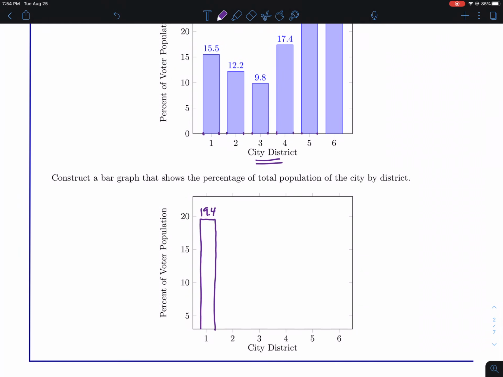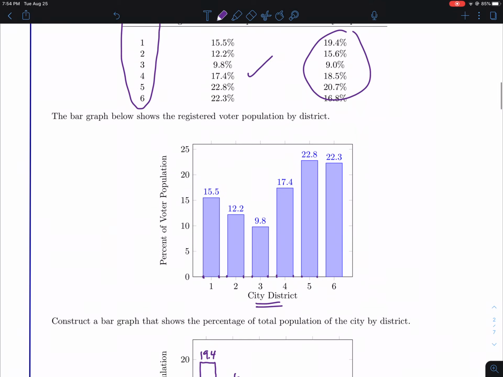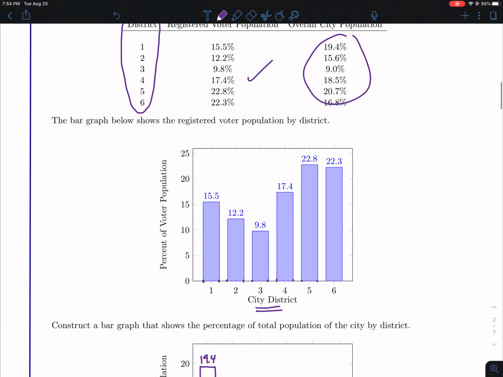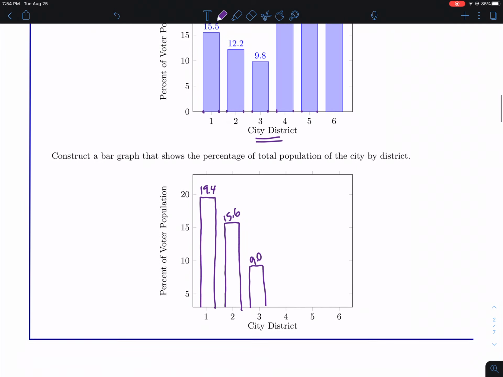Again, I don't want any of these to touch, so I want a little bit more than 15. And then we've got 9.0. And then 4 is 18.5.